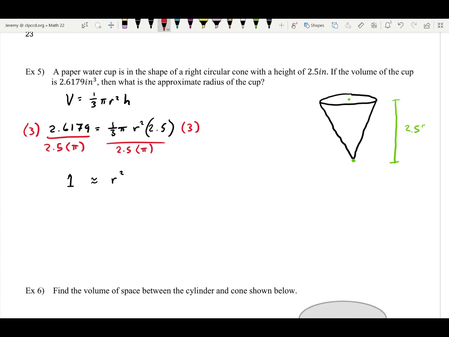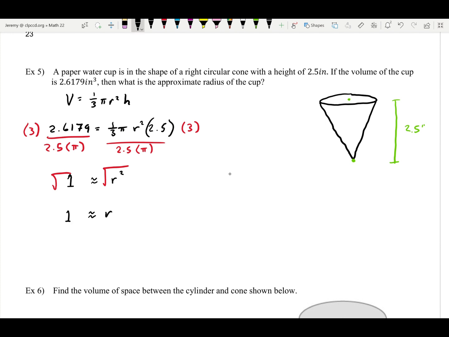And okay, how do I finish this? I'll solve by taking square roots, right? So take the square root of both sides. And remember, when we take the square root, it introduces a plus or minus technically. The square root of 1 is just 1. However, since we're taking a measurement here of a radius of some physical object, we don't have negative measurements in 3-dimensional space. So we're just going to take the positive value.